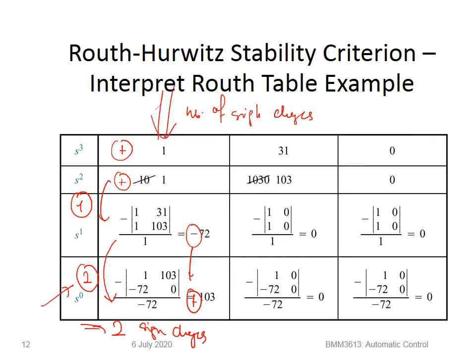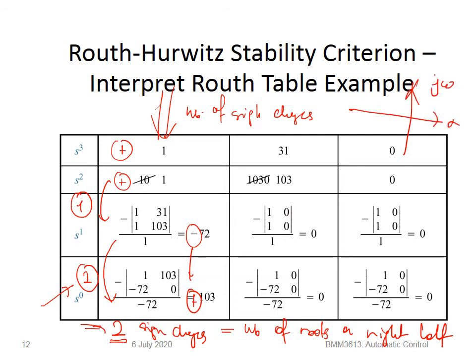So it says that the number of sign changes equals the number of roots in the right half plane. So it means if we plot our S-plane, these 2 sign changes mean there are 2 roots somewhere in the right half plane. So what does that mean?